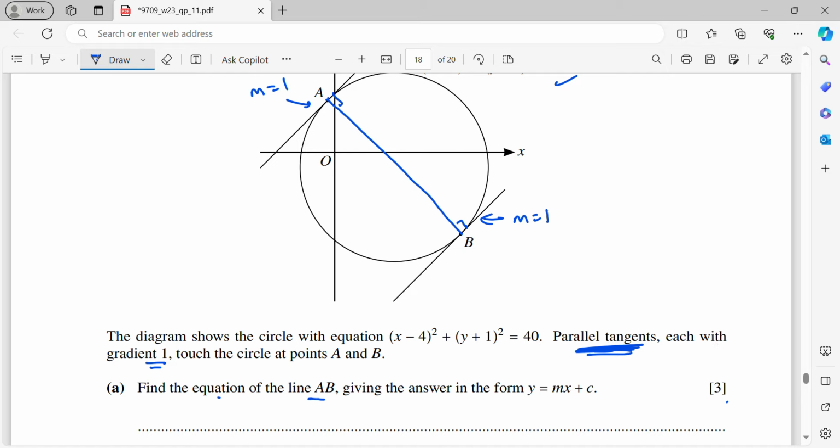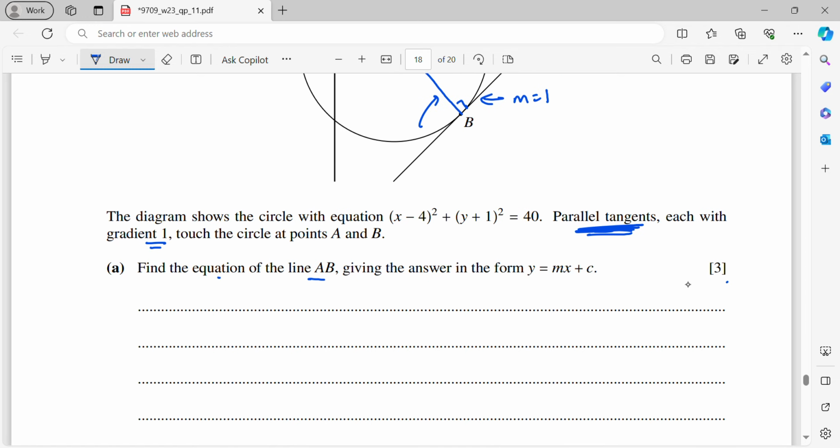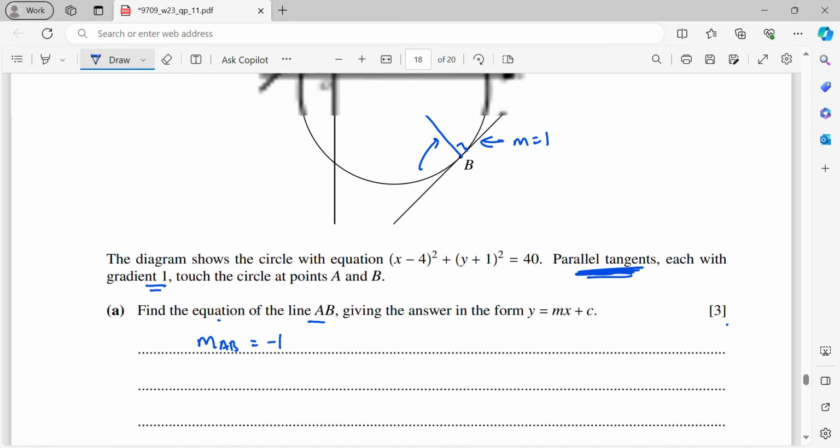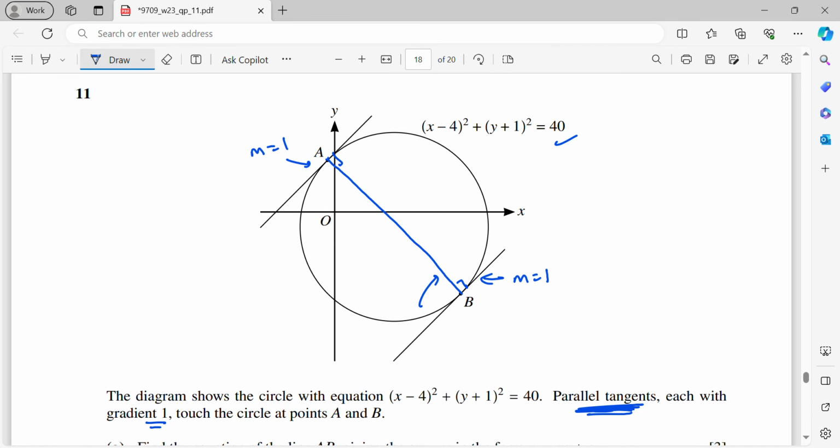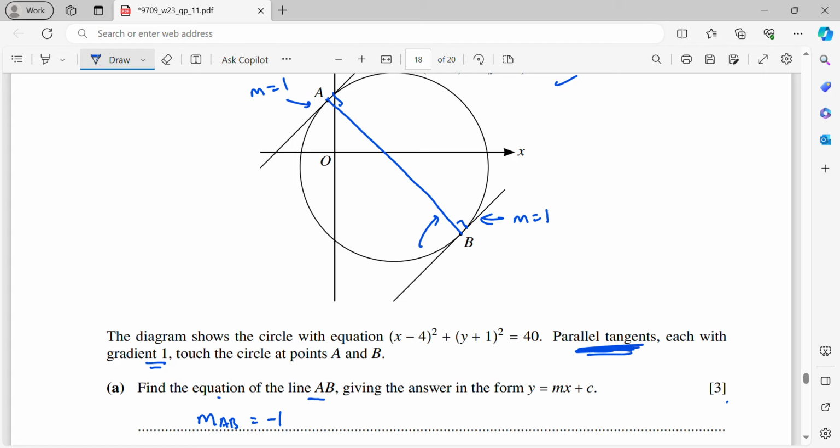So now from here, I know that the gradient of the tangent is 1. Therefore, I will say this is the normal. Okay, so I will say MAB equals minus 1. Then now to find the AB, we need to find the points, right?